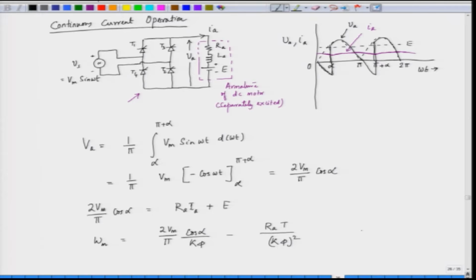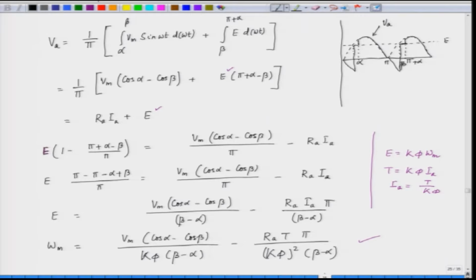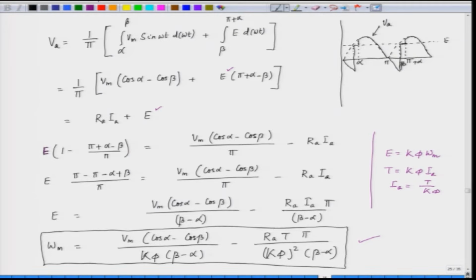This is the speed torque characteristic of a separately excited DC motor when the condition is continuous, and we also evaluated the speed torque characteristic for discontinuous current operation. So, these two are key equations which will help us plot the speed torque characteristic of a separately excited DC motor when fed from a single phase full controlled converter.